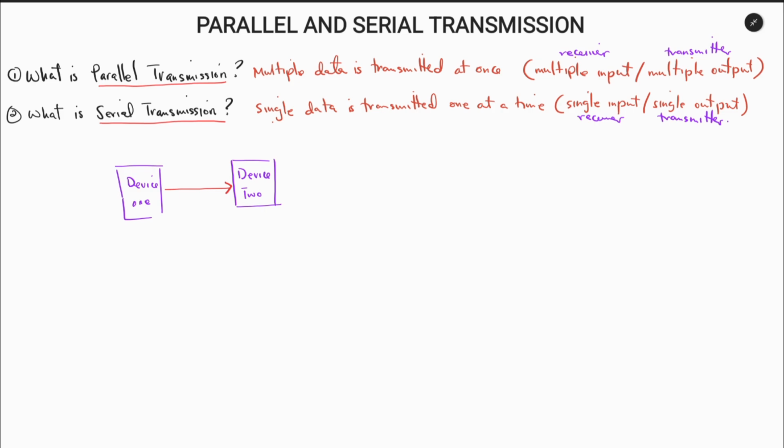Now if we want to send 1010 from device 1, where 1010 represents the information in data form, this data will be sent such that we have 1010, where this is the first bit, this is the second bit, this is our third bit, and finally we have our fourth bit.